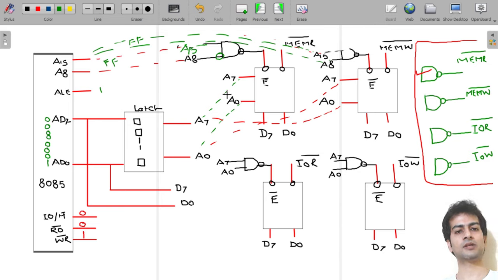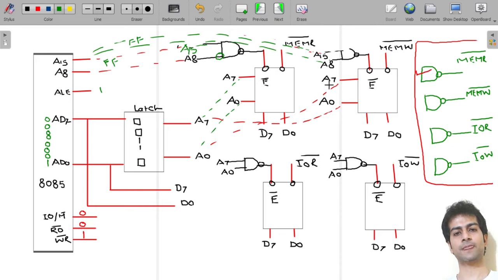Now the second scenario. Suppose here we are having A7 to A0, and here also we are having A7 to A0 as the lower order address lines.